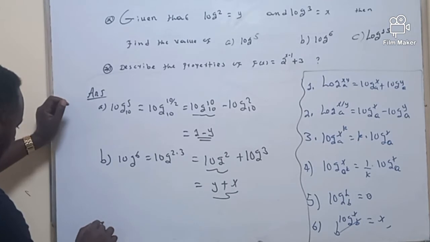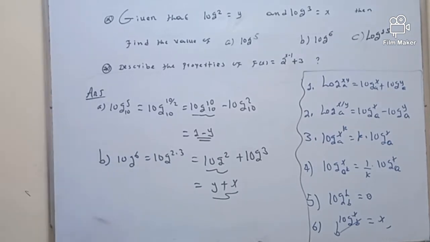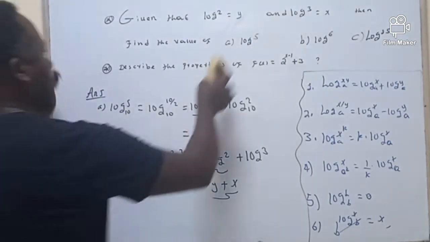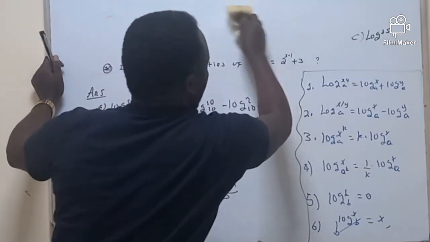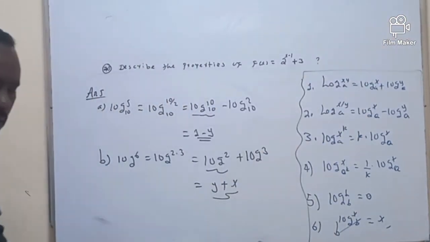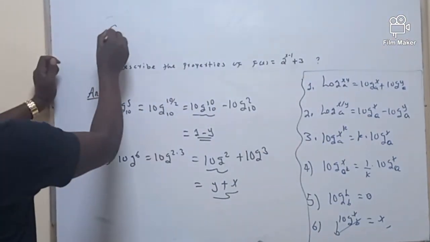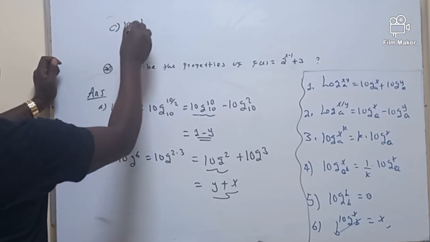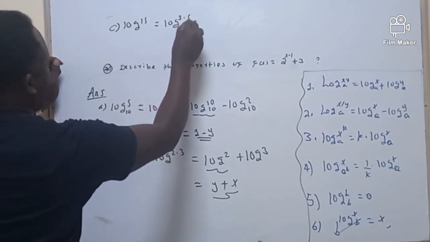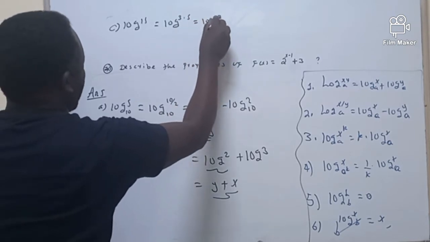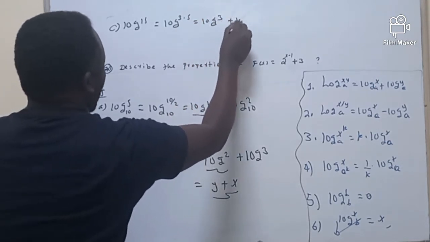Let's come to the next, the last problem. What does c mean? C means the logarithm of 15 to the base n, which is the logarithm of 3 times 5. This is going to be the logarithm of 3 plus the logarithm of 5.